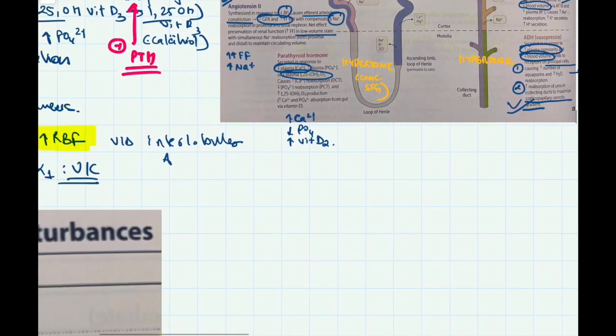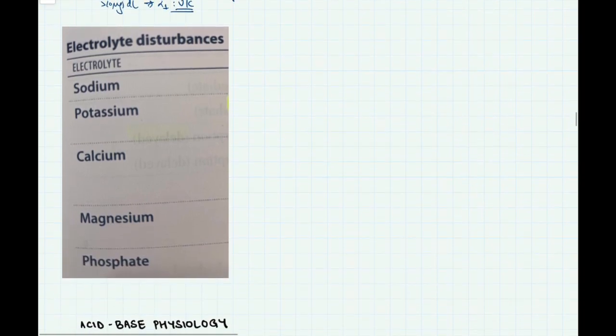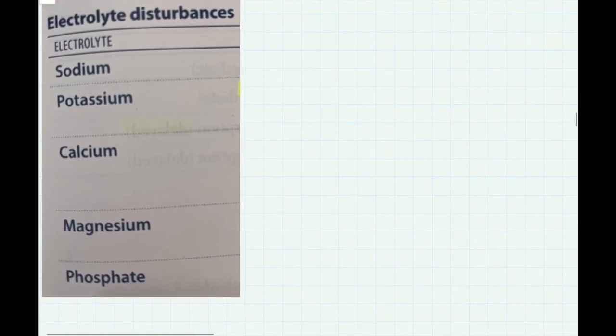Next we will talk about electrolyte disturbances in the body, right? So first is potassium, and we are talking about potassium shifts.